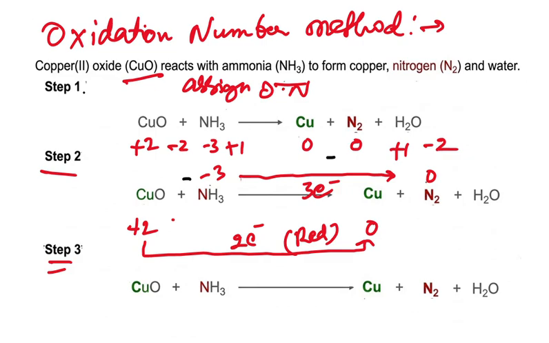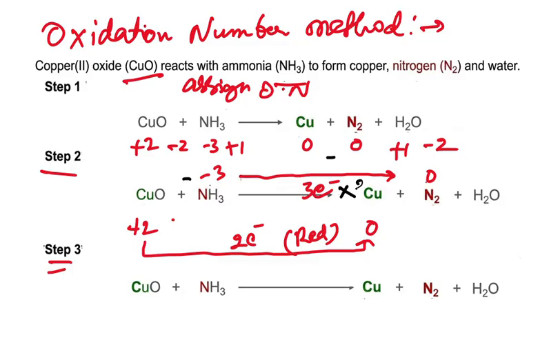For example, here cupric ions gain 2 electrons, and nitrogen loses how many? 3 electrons, which are unequal. Then the electrons must be equated by using a suitable integer.